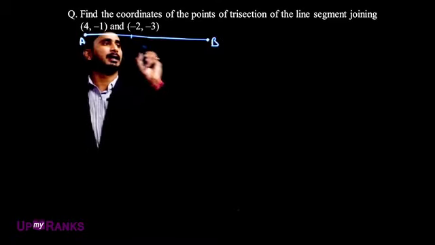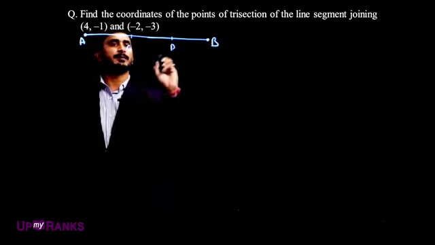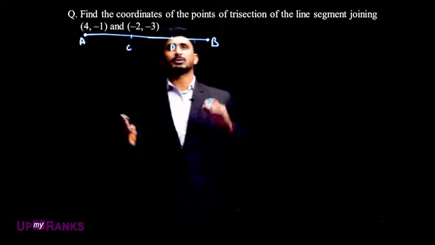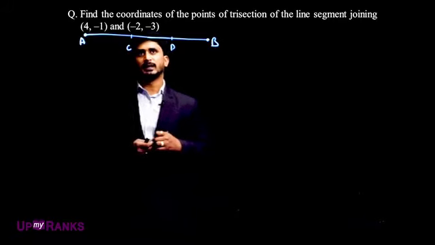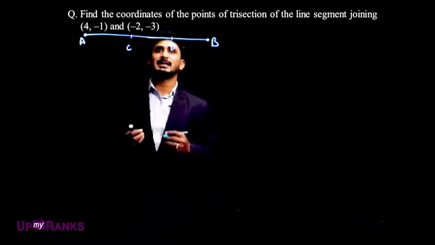So I have a point here and a point here. Let me call this point C and this point D. A trisection means a line which is divided into 3 equal parts. Is this clear?